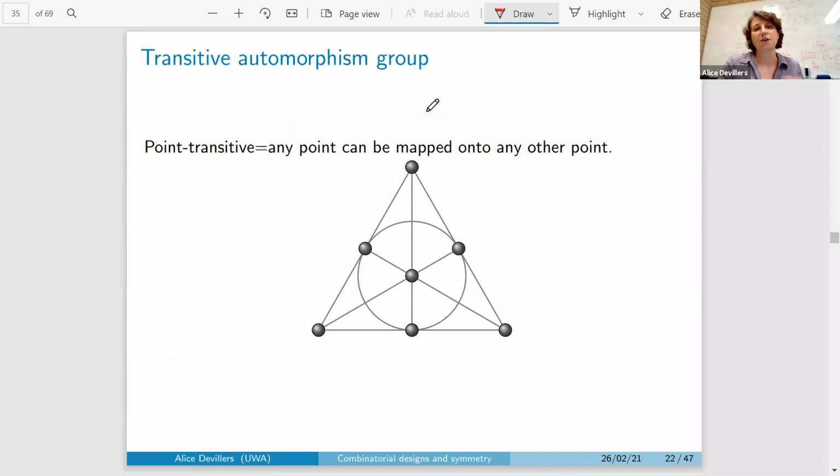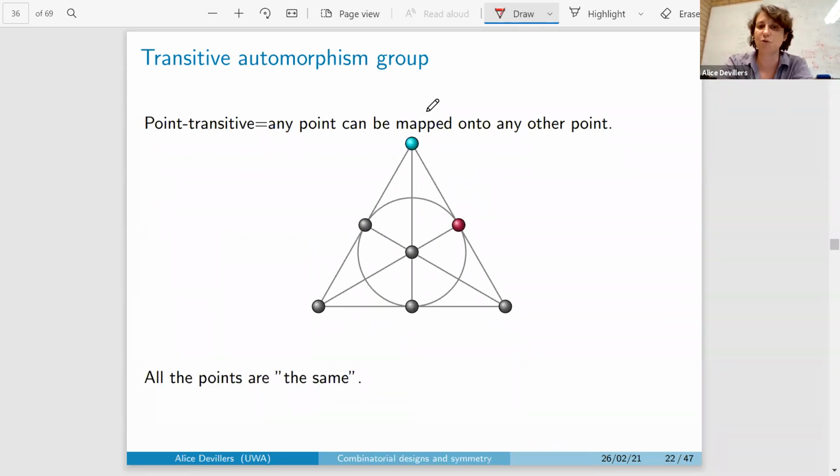So for instance, point transitive for a design would mean any point can be mapped onto any other point. Here, say I have the blue point and the red point. There is a symmetry, an automorphism, that maps the blue point to the red point, and the same if I took any pair of points.